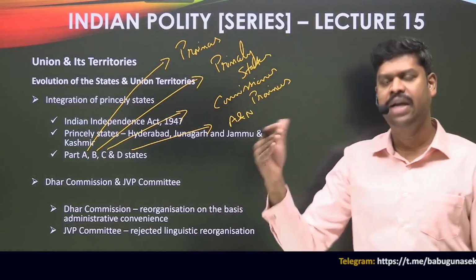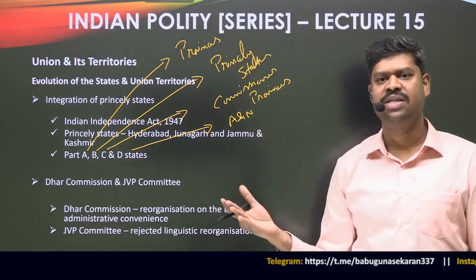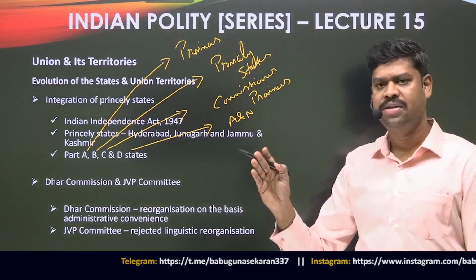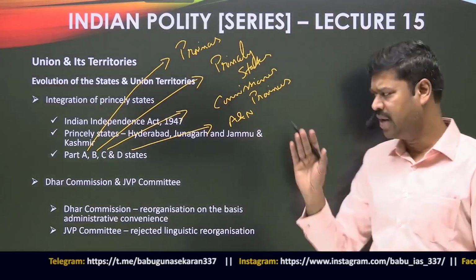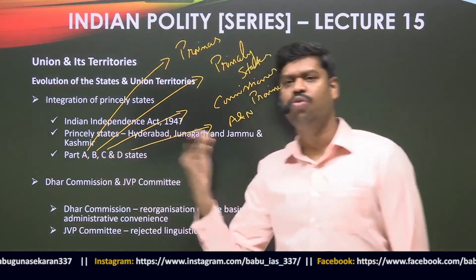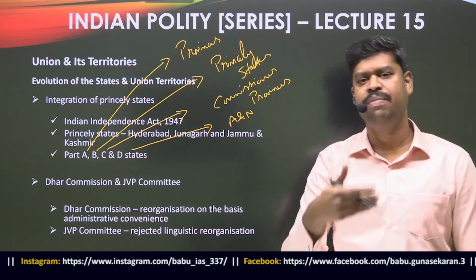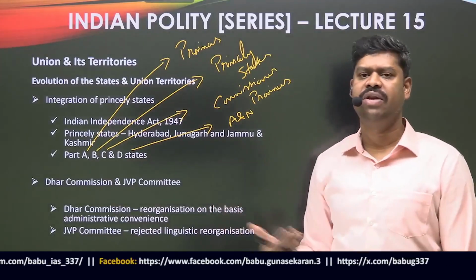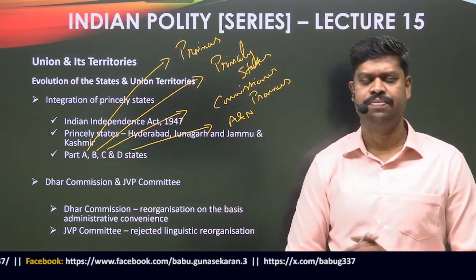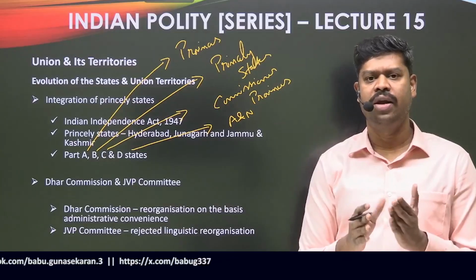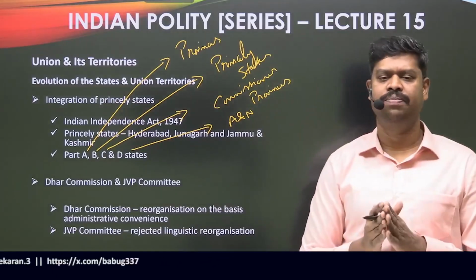So at independence, India was classified into Part A, Part B, Part C and Part D states. This classification was largely based on how the Britishers had classified India. Even before independence it was like this, and the same classification we carried forward even after independence. But the Indian authorities knew that sooner or later they had to reorganize India.